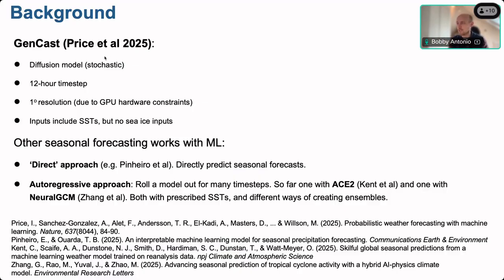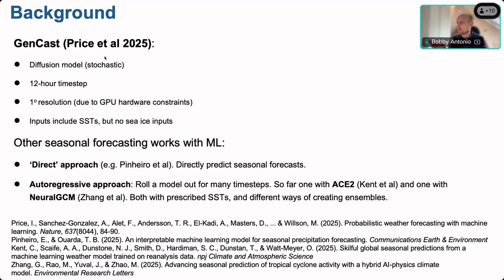There's definitely been some work on that for a while, but more recently, what we're interested in is what I'd call the autoregressive approach, which is where you take a model that has, say, hourly or 6-hourly or 12-hourly time steps, and you roll it out from 0 to seasonal, for 4 months, and you look at the overall average seasonal forecast from that. So there's been work on that relatively recently with different models.